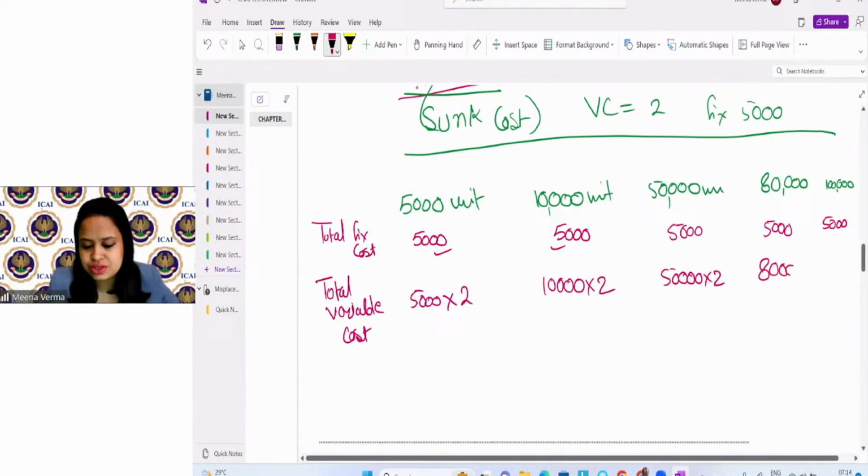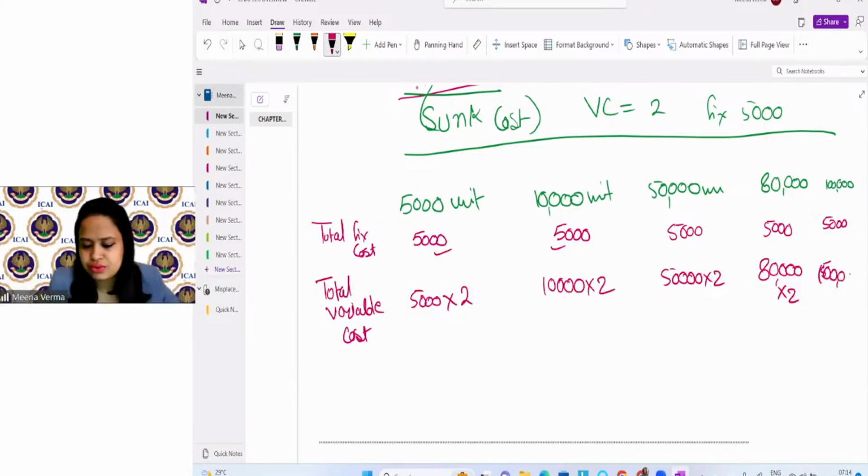Here, 80,000 into 2 rupees. And here, 1 lakh into 2 rupees. You can see these costs are actually increasing with increase in production. So for that reason, variable cost is relevant for taking decisions.